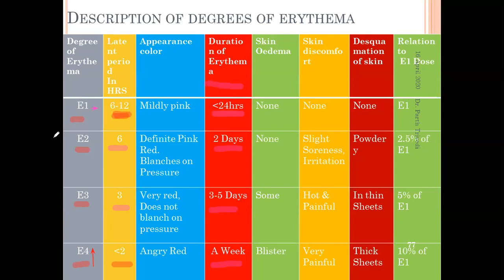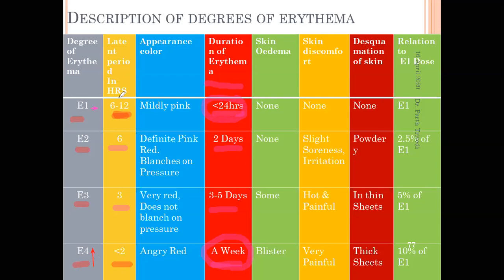So E1, obviously being the least dosage, erythema can stay less than 24 hours, and E4, which is the highest dosage, erythema can stay up to 4 weeks. Again, erythema of E1 is 6 to 12 hours.